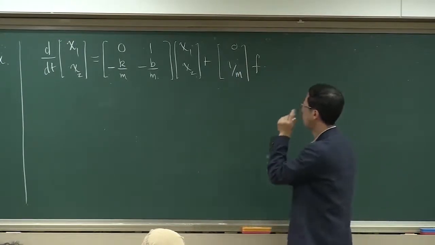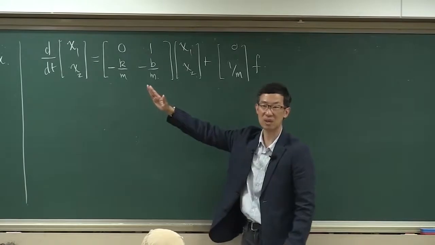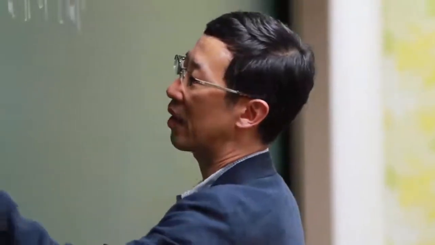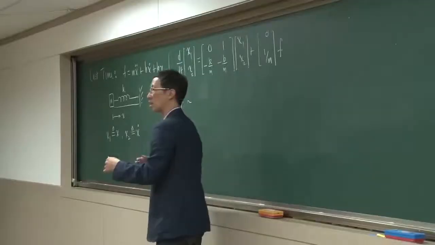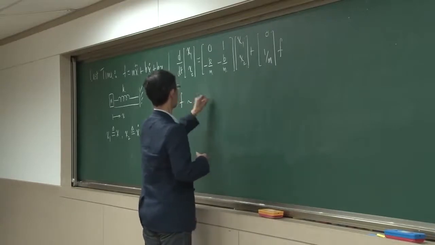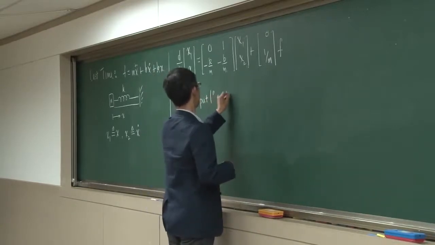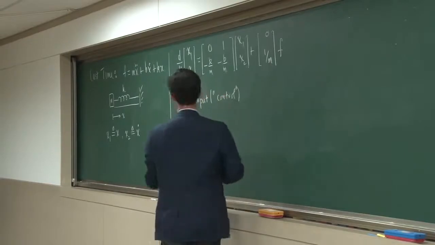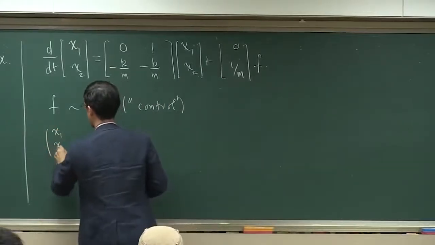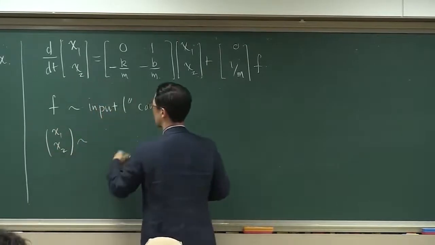So we can rewrite that second order differential equation as a first order linear ordinary differential equation. Here f is the input, so this is our control, and x1, x2 is our state.